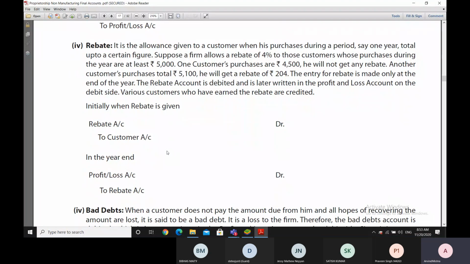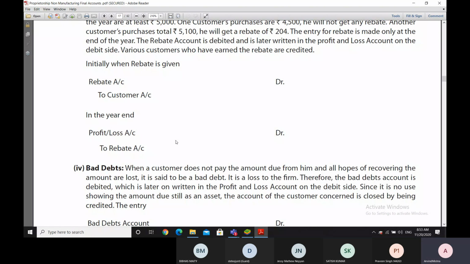So initially, when we allow the rebate to any customer, at that time we debit the rebate account and credit that customer's account, and finally at the end of the year we credit this rebate account and debit the profit and loss account.